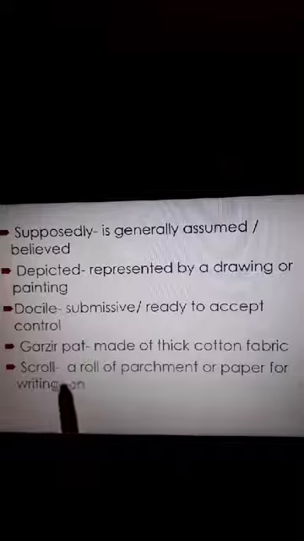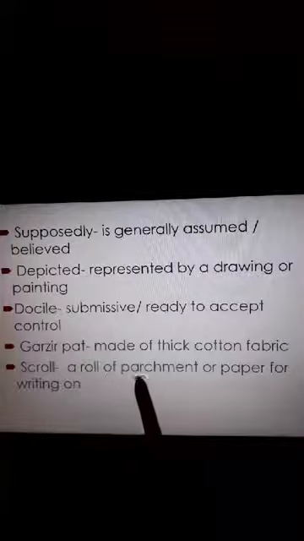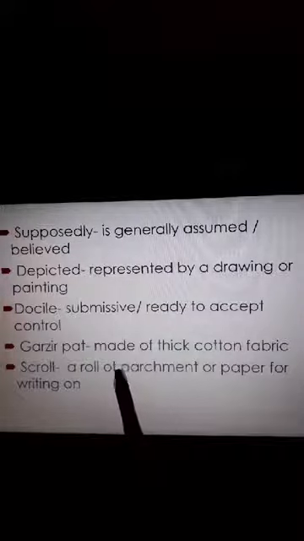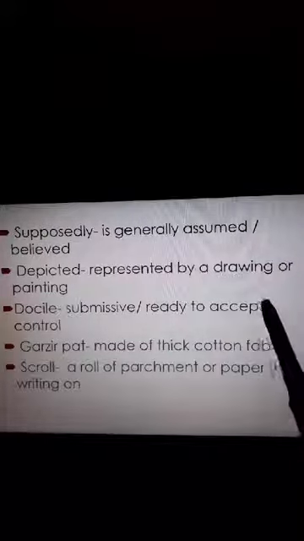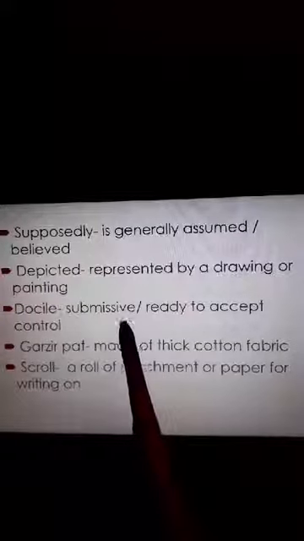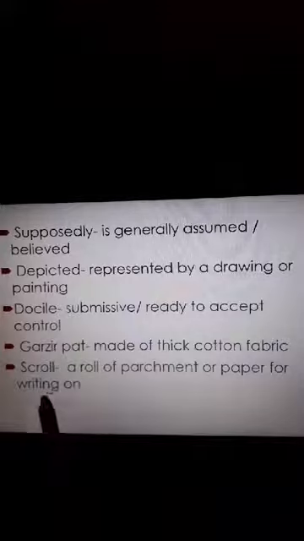Docile: submissive, or ready to accept control. Gazir part, you will get the word in the text. Gazir part means made of thick cotton fabric. On that thick cotton fabric, when the stories or legends related to Gazi Pir are depicted, we call it Gazir part.